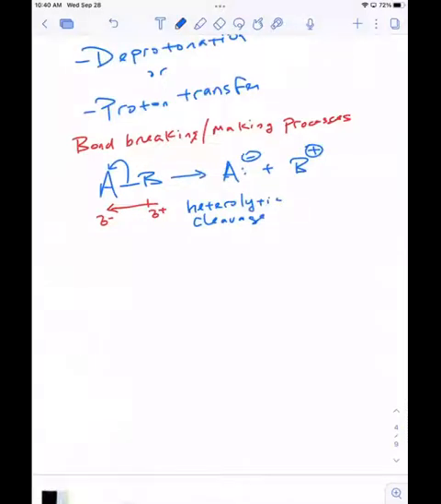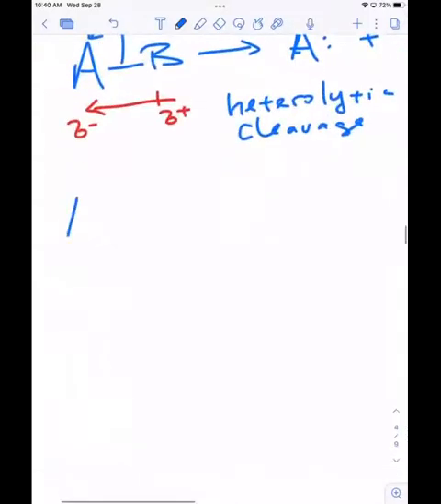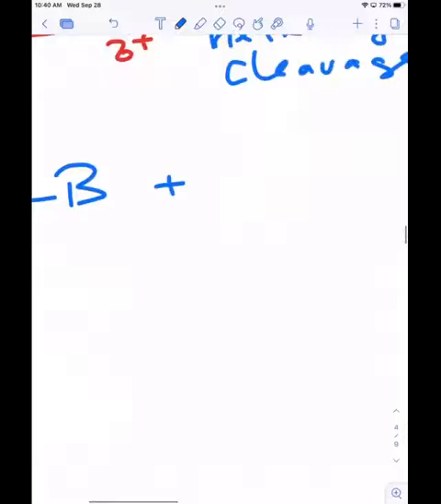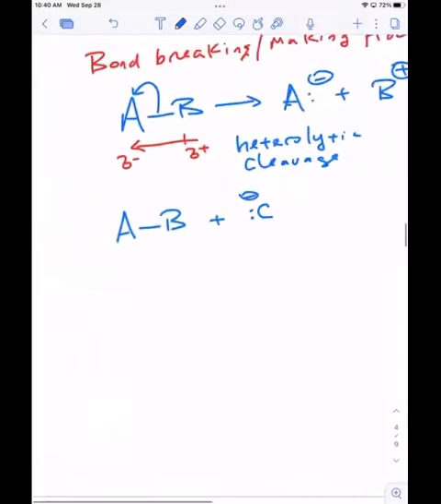It's not random or spontaneous like I have it shown. It's usually facilitated. If something is reacting with B and it causes that bond to break, the idea is that it's still heterolytic. So if I took AB and reacted it with something, let's say C, C has a pair of electrons and it's negative.